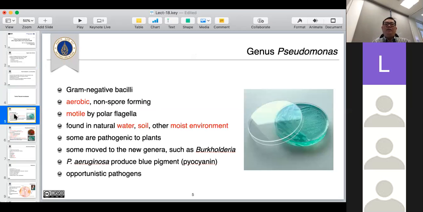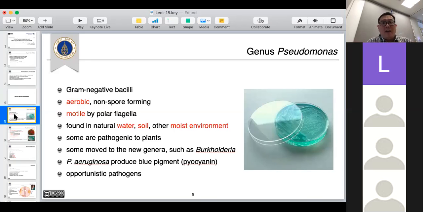So Pseudomonas normally has a natural habitat in water, soil, or everywhere that contains a lot of moisture. Pseudomonas can be a pathogen to plants, to humans, and to animals. And some species were moved to a new genus, for example Burkholderia.